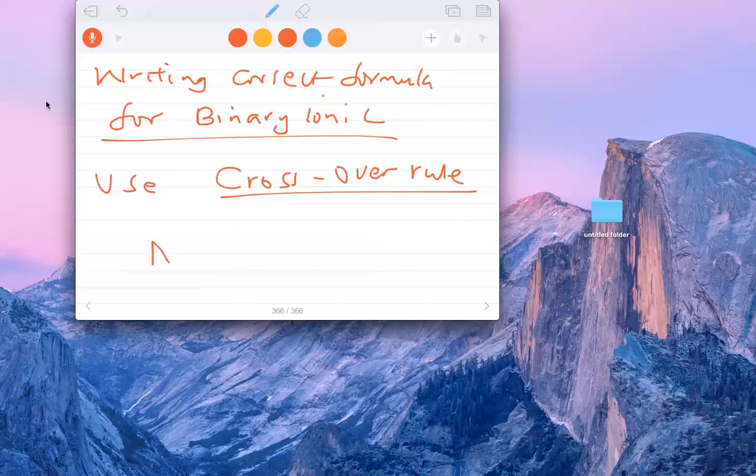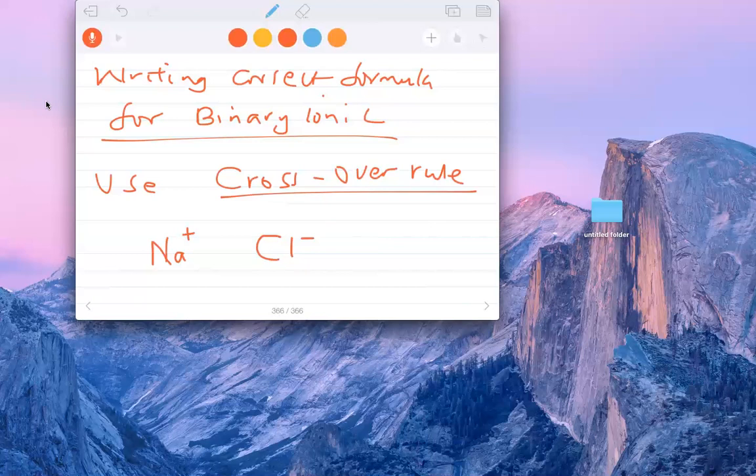For example, sodium is in group 1 and it has a charge of +1. Chloride is in group 7 and it has a charge of -1. I'm using the periodic table to predict the ionic charges. The crossover rule means you take the numbers, not with the sign as in positive or negative, not with the charge.